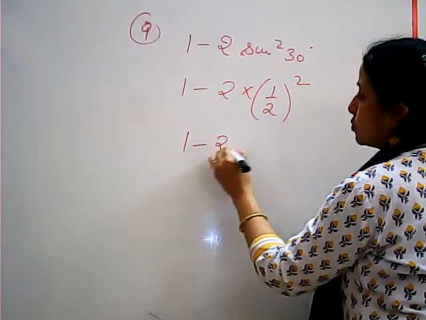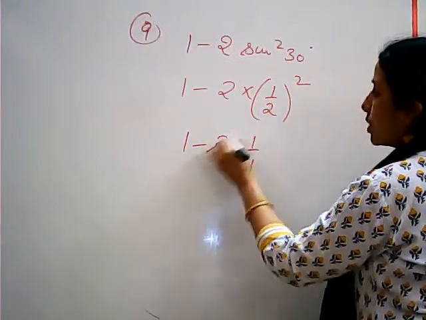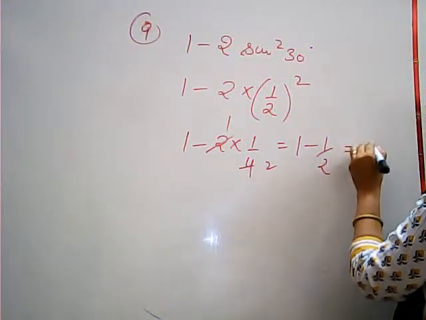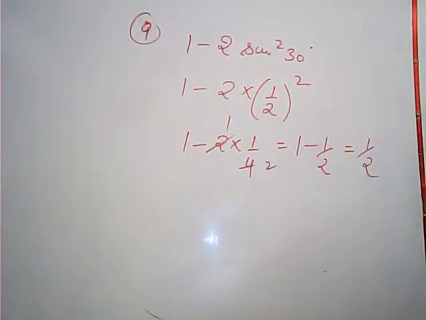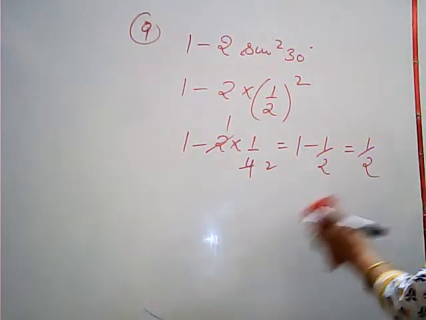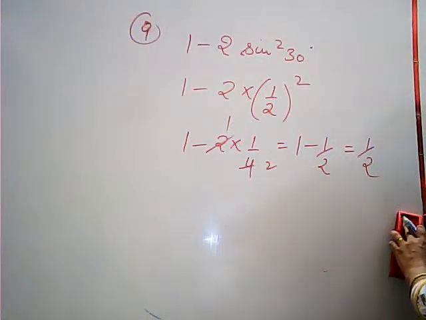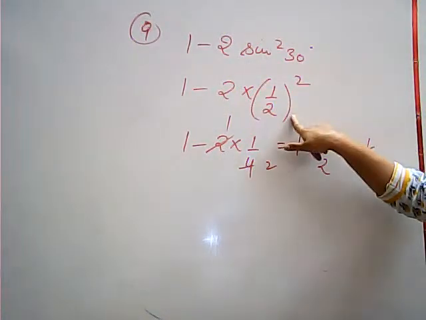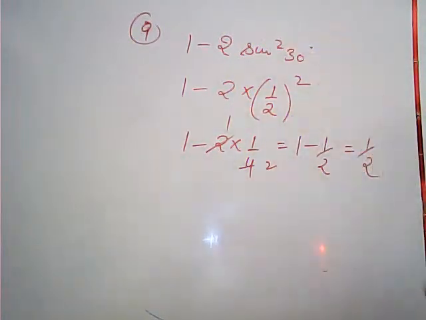So 1 minus 2 multiplied by 1 over 4, so 1 minus 1 over 2, and taking the LCM you will get 1 over 2 as your answer. Yes, 1 over 2 is the answer for the 9th question. Whenever a square is given, after writing the value, you take the square of that value.